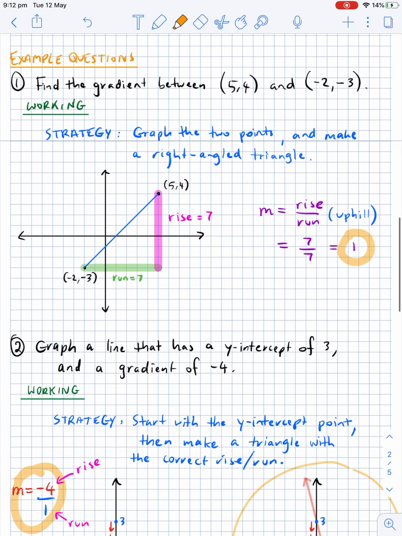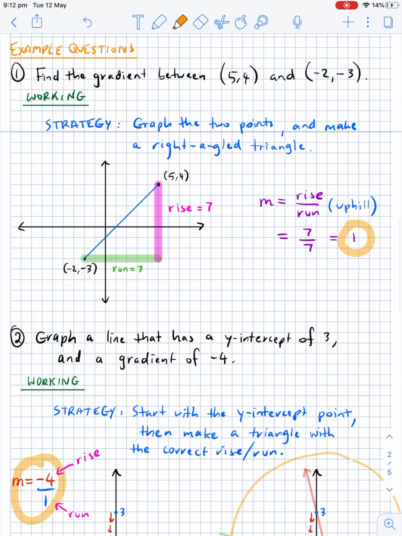Okay, so let's do some example questions here. Find the gradient between (5, 4) and (-2, -3). So how do we find the gradient between these 2 points? Well, at the moment, the best way to do it is to literally graph these 2 points on the number plane and then make your triangle underneath, so you can see your rise and your run.